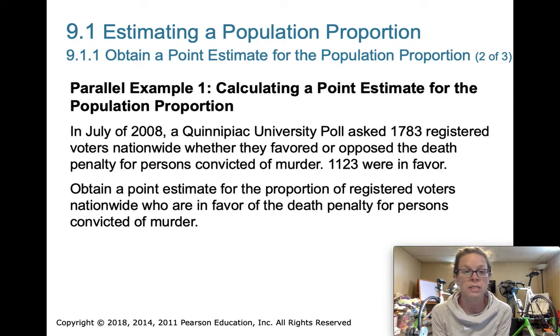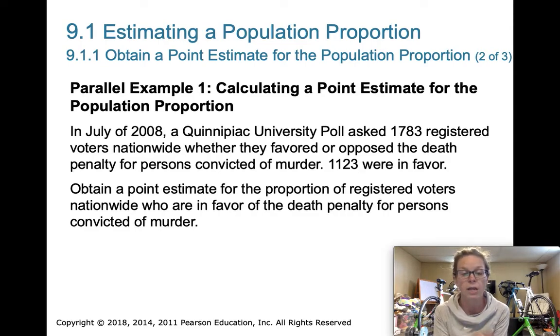So, in this example, in July of 2008, a university poll asked 1,783 registered voters nationwide whether they favored or opposed the death penalty for persons convicted of murder. 1,123 were in favor.